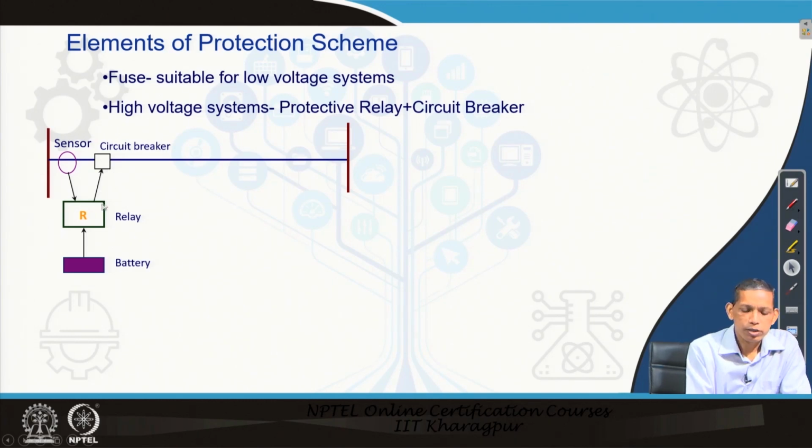This circuit breaker is being actuated by this relay. The relay takes signals of the system through this sensor, and the relay and the circuit breaker are being actuated by this battery. The battery provides the required power to this arrangement.